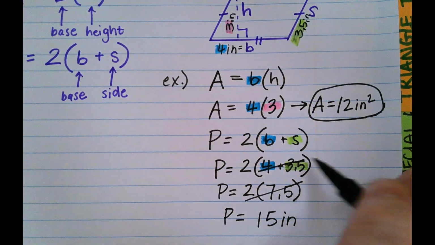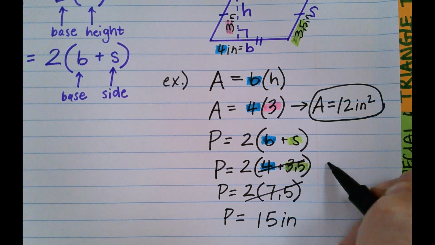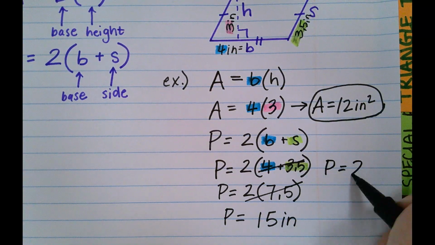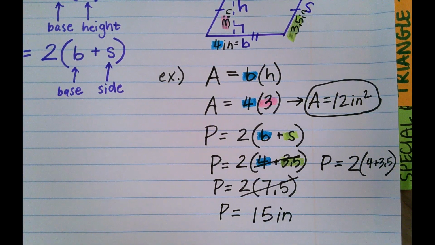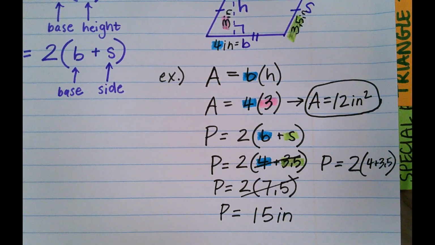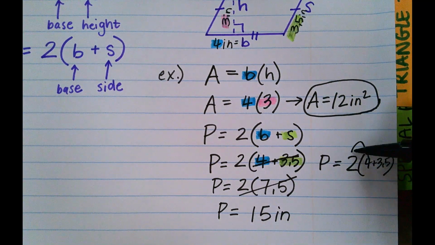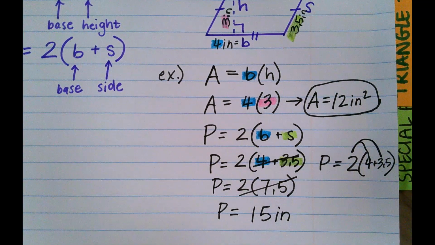Or if we really want, it's just another way that we could do it. Does anybody know a different way we can do it? We could distribute, where we do 2 times 4 and 2 times 3.5 and then add.